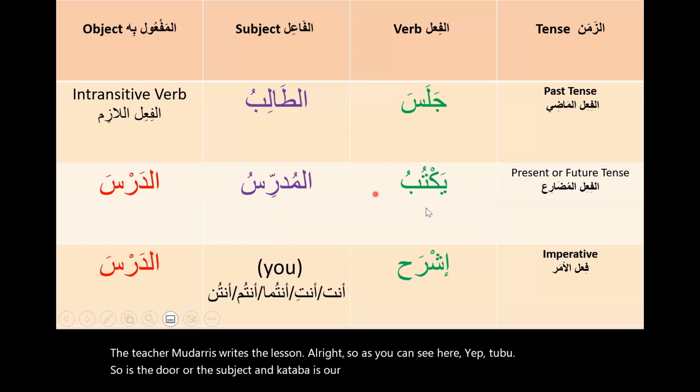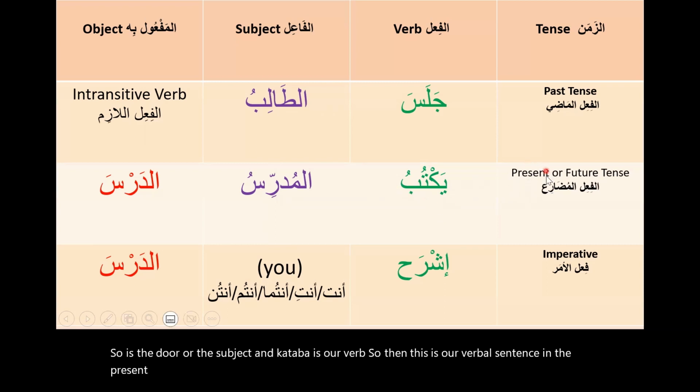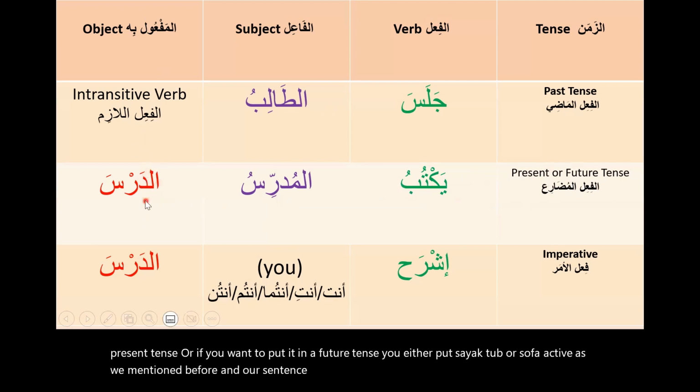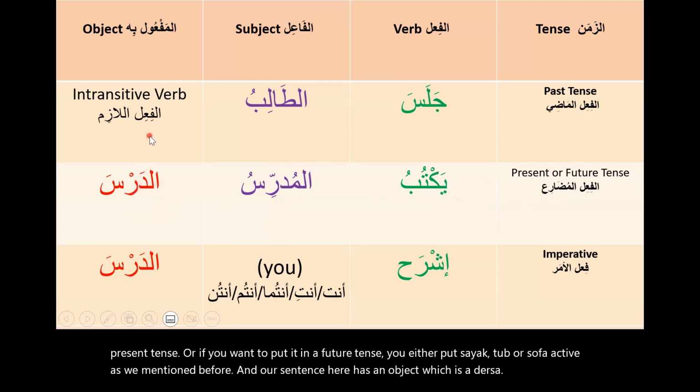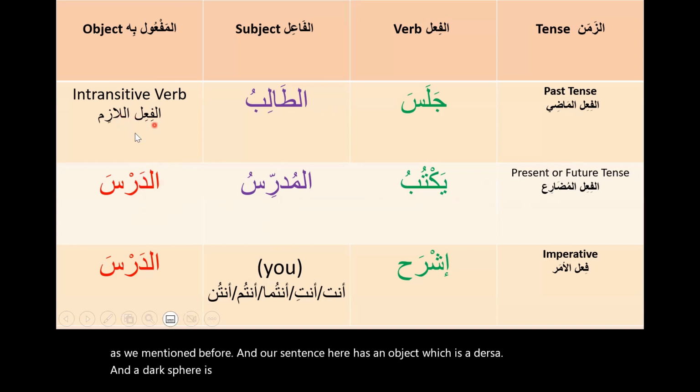So this is our verbal sentence in the present tense. Or if you want to put it in the future tense, you either put سيكتب or سوف يكتب, as we mentioned before. Our sentence here has an object, which is الدرس, and this is called الفعل المتعدي in Arabic, which in English is transitive verb. So this is called a transitive verb or sentence.